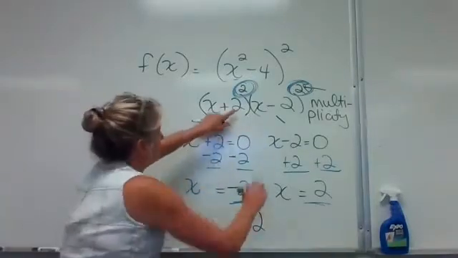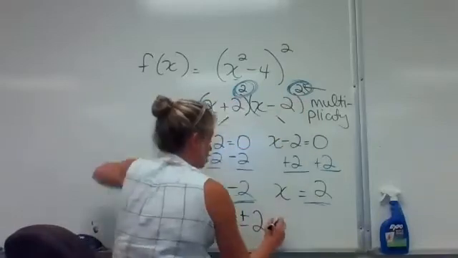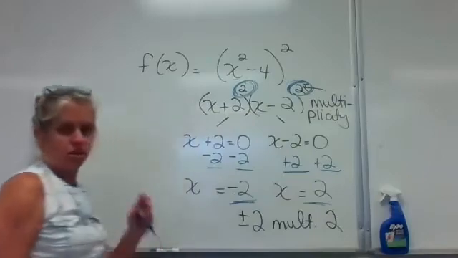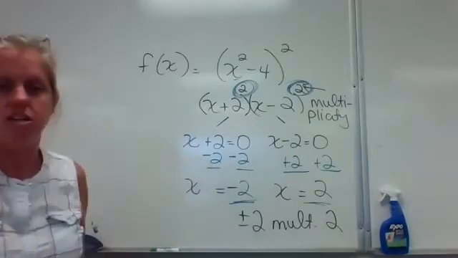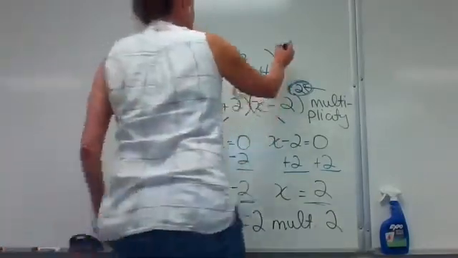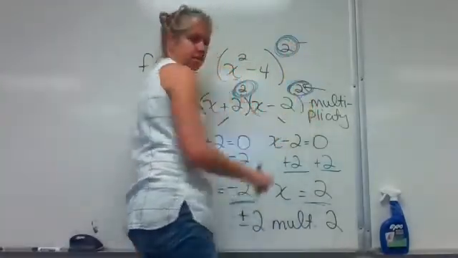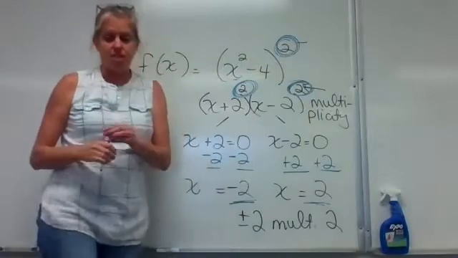And what was the multiplicity of these factors? Their multiplicity was both 2. So again, the outside exponent is what gives you your multiplicity. And I'm going to tell you what the multiplicity does in a second.